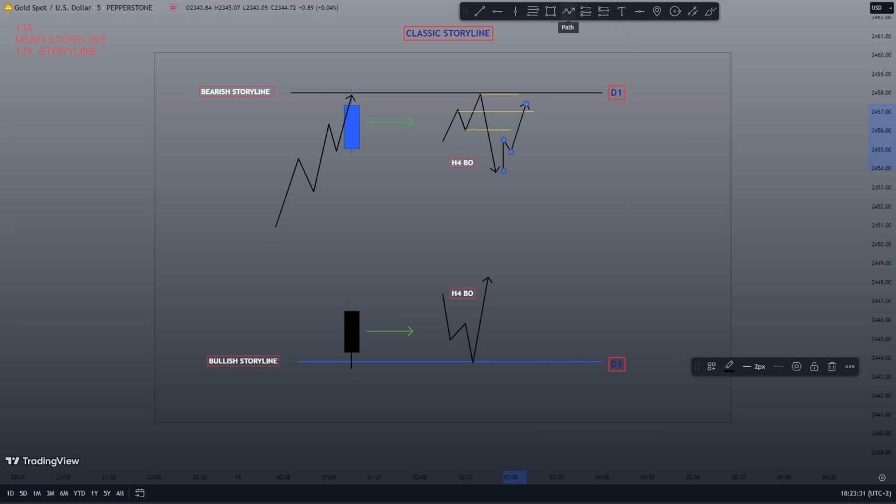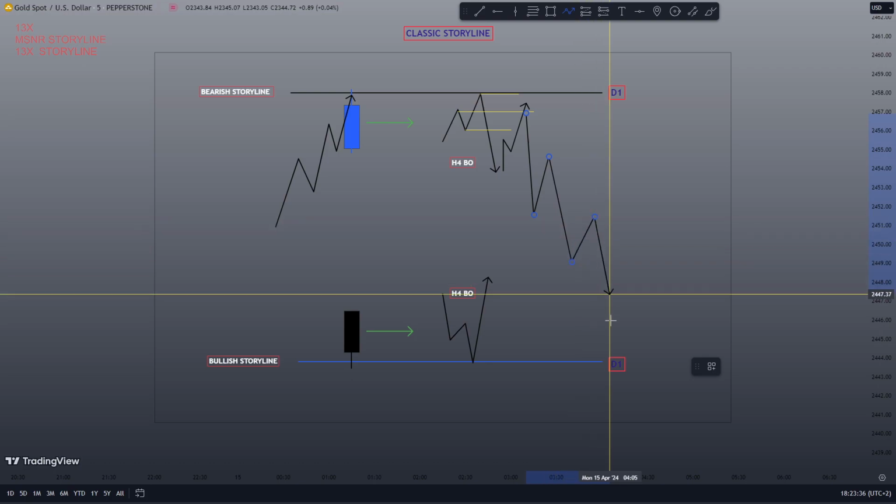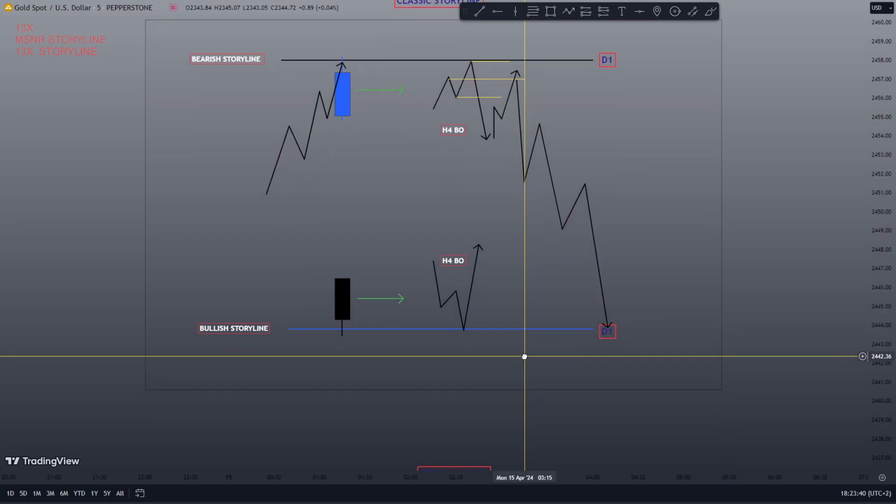We are ready to go with the trend until reaching another daily fresh level.